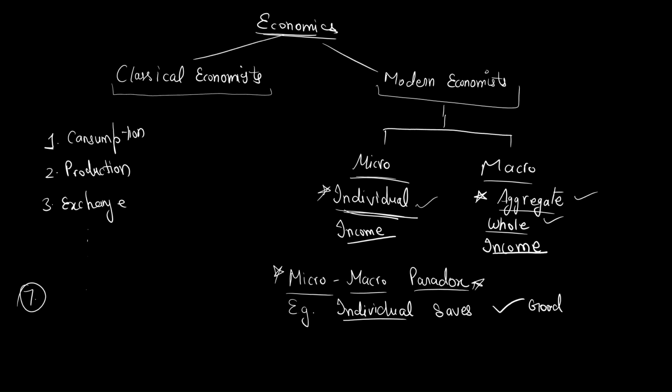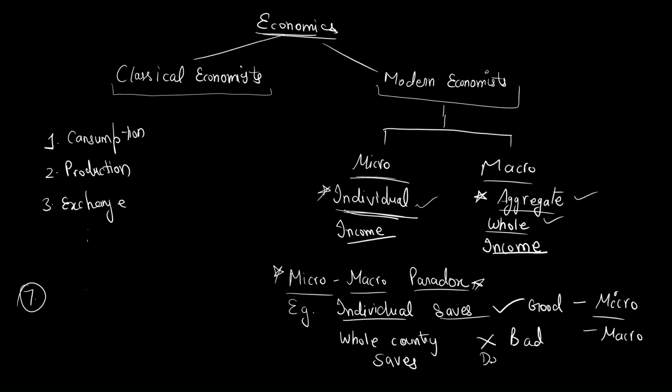That's the case for micro. But in the case of macro, if the whole country starts saving, then it is bad. If an individual saves, in microeconomics, it is very good. We always advise our people that you should save money, put it in fixed deposit, buy assets, something, you should save it. But if the whole country starts saving, they are not spending their money, they are just saving, so it's really bad for macroeconomics.